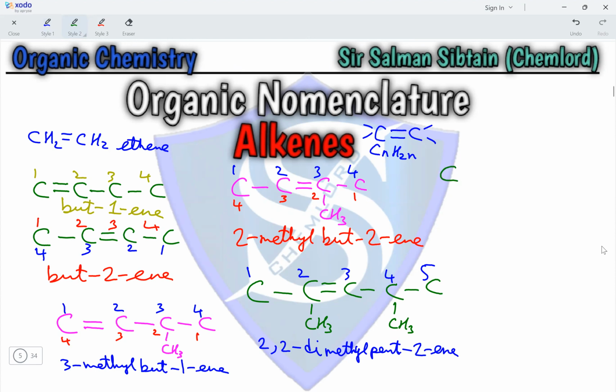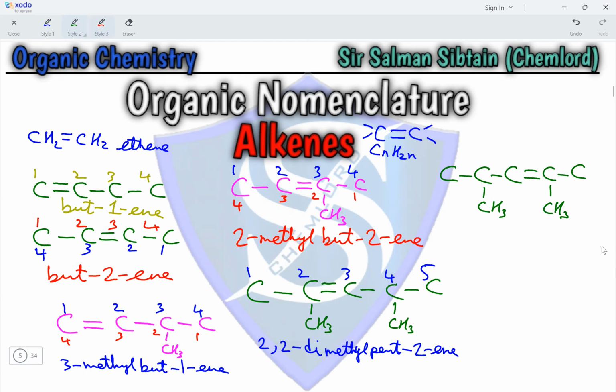on the third carbon atom from the left, so 1, 2, 3, 4, and 5. And we have got placement of the methyl groups exactly where they were, CH3 and CH3. Here, the numbering would change because if we number it from left to right, the position of the double bond lies on the third carbon atom.